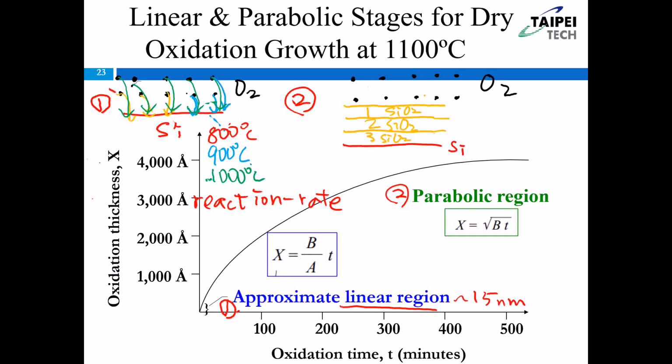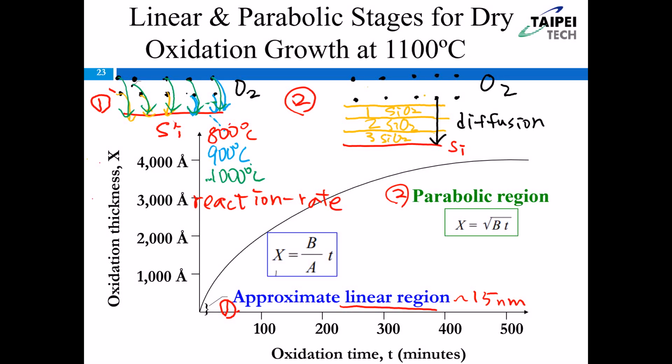So today, all of this oxygen must diffuse. Diffusion, okay? All of this oxygen must diffuse through the silicon dioxide, and then this oxygen can react with the silicon here, okay?